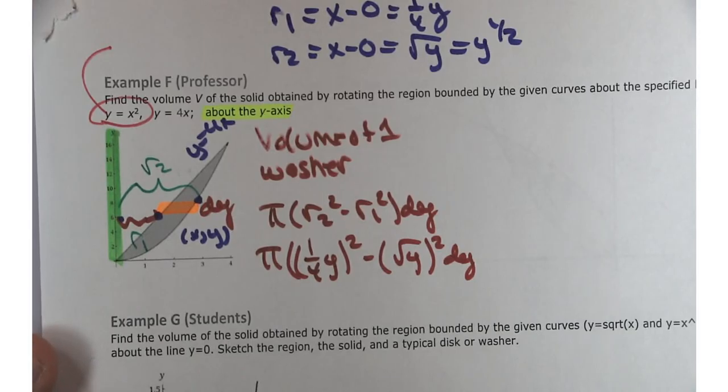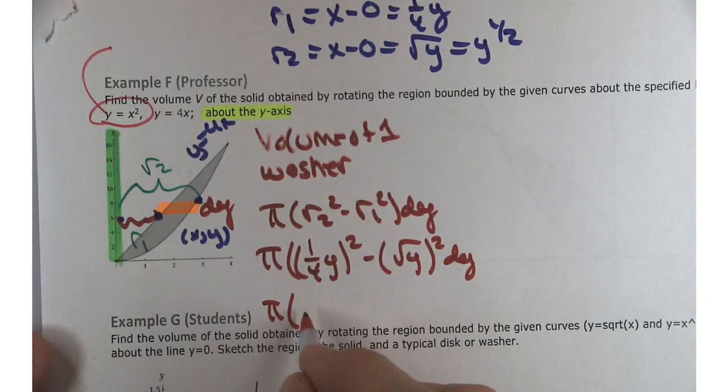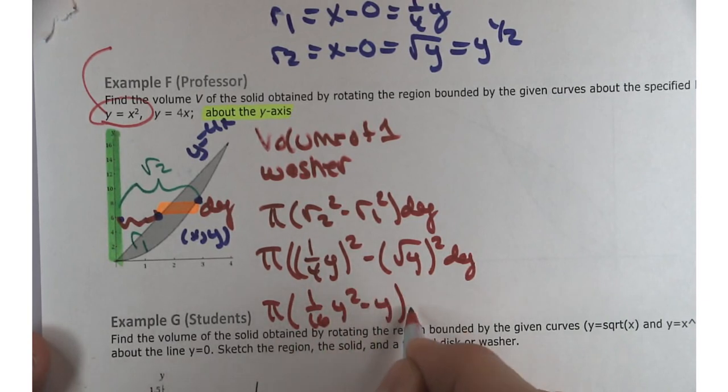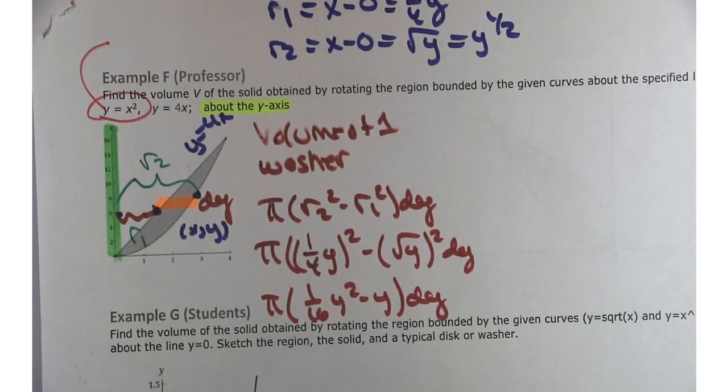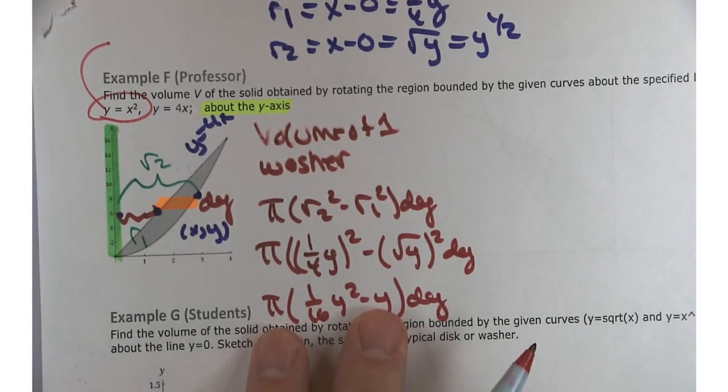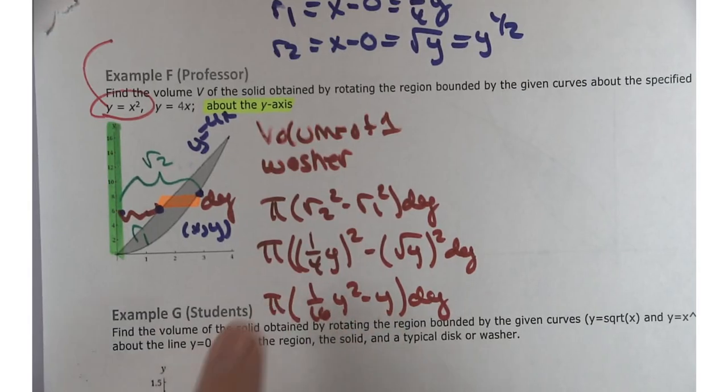And that'll simplify a little bit more to pi times 1/16 y squared minus y dy. Okay, not bad. Are we comfortable with where we got our expression for the volume of one washer?